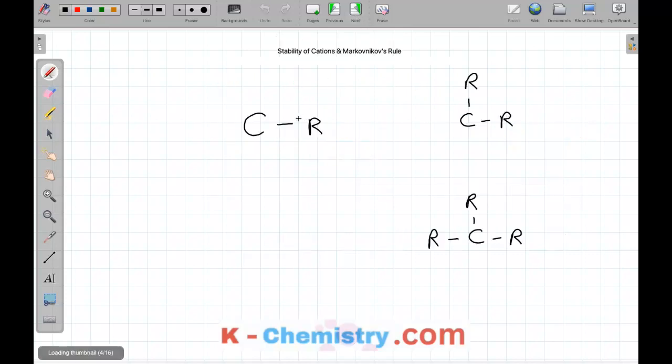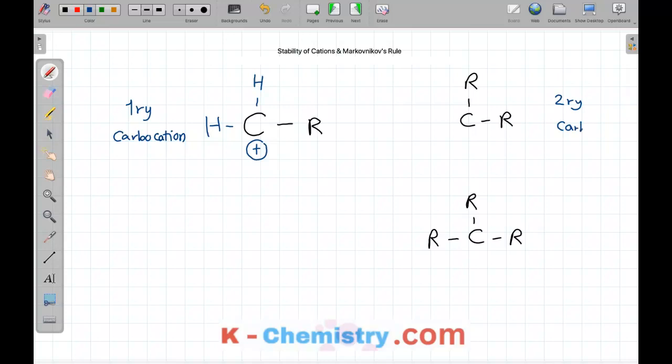So if it is attached to one alkyl, what is the rest? If it is attached to one alkyl, it means the rest is hydrogen. So this carbocation is attached to only one alkyl group. It's going to be called a primary carbocation, and this is relatively unstable. While the secondary carbocation is one in which the carbon is attached to two alkyl groups and one hydrogen only.